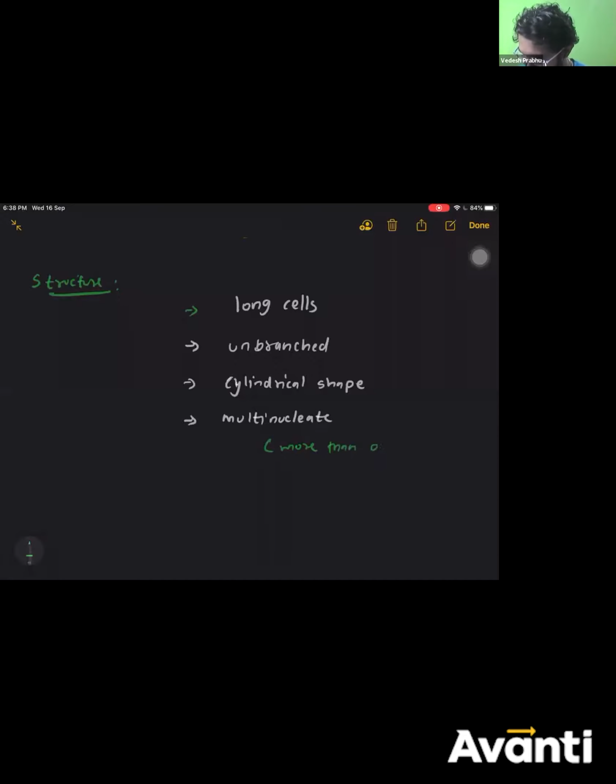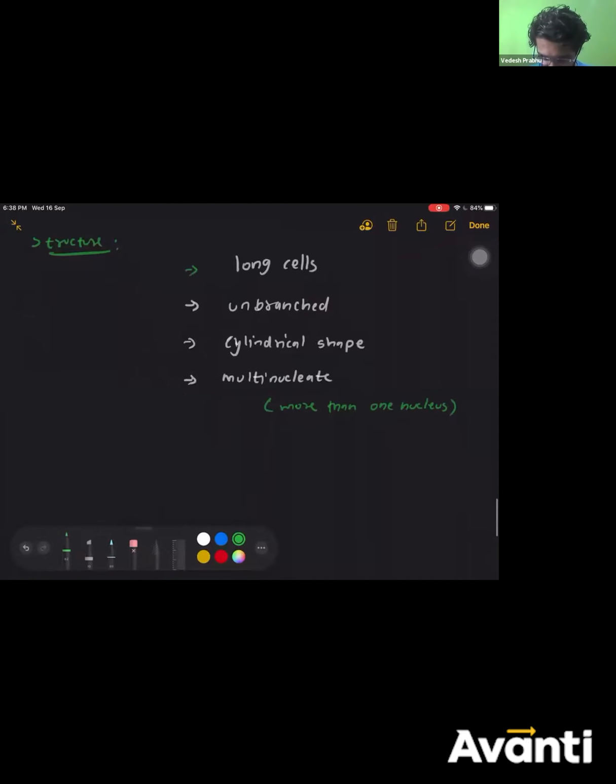Very nice. So this is the structure. It has long cells which are unbranched, then cylindrical shape and multinucleate. I'll write the function also, and then together we can watch in detail about our striated muscles or skeletal muscles.